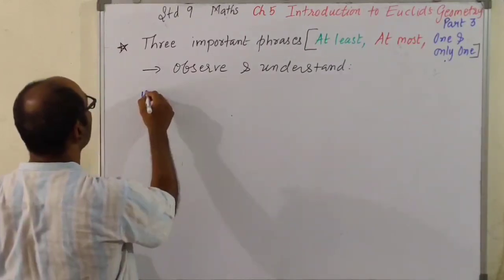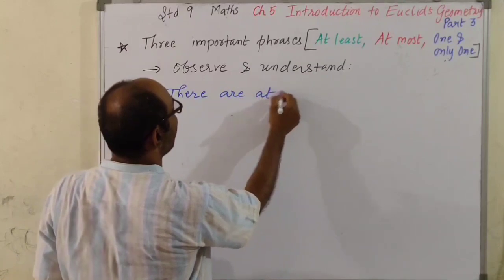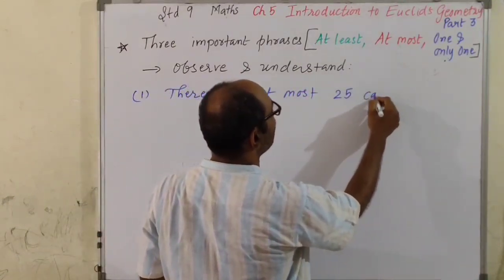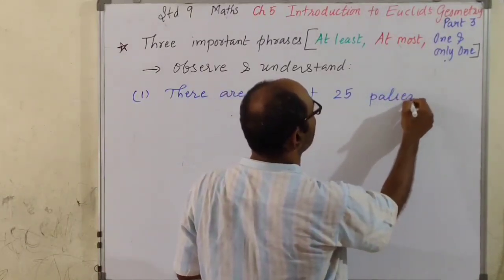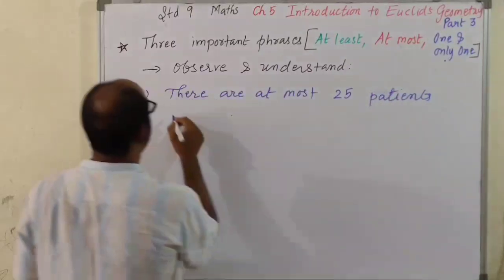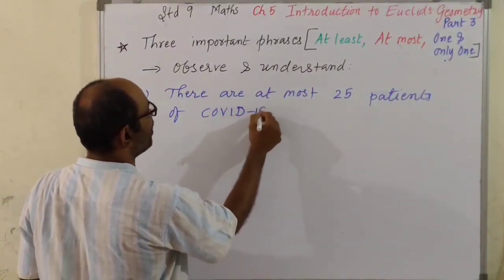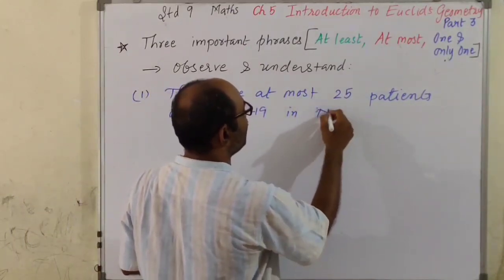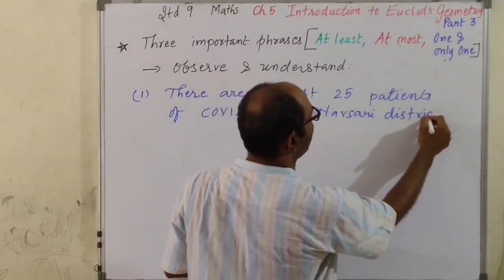First, there are at most 25 patients of COVID-19 in Navsari district.